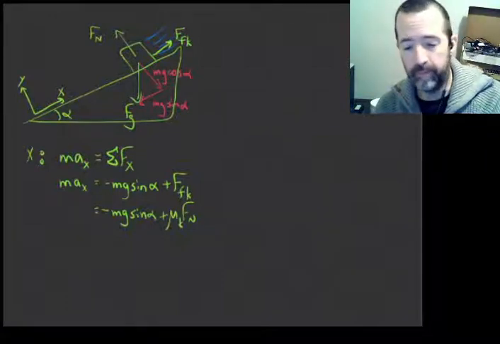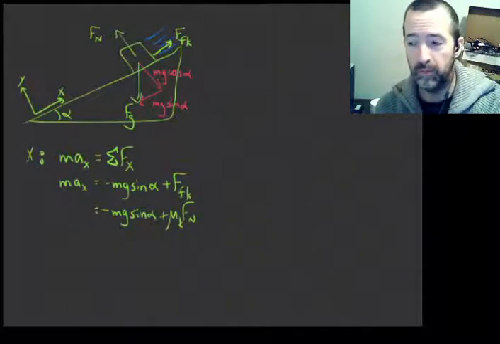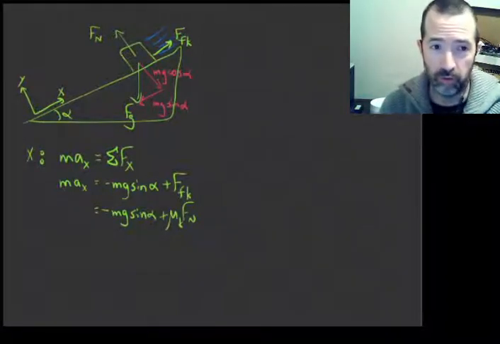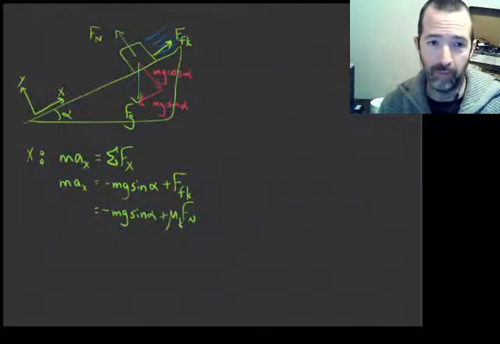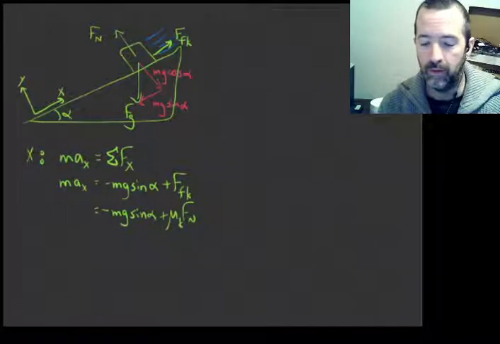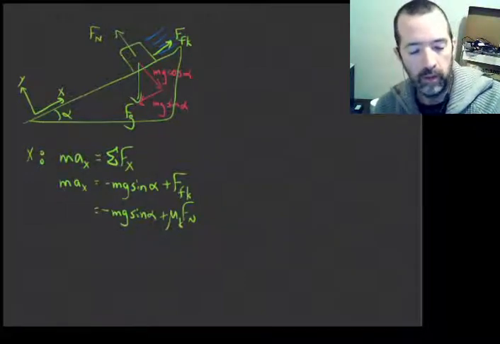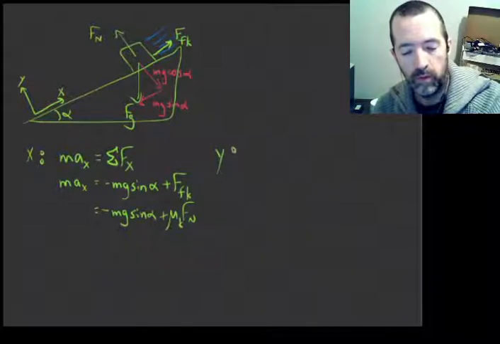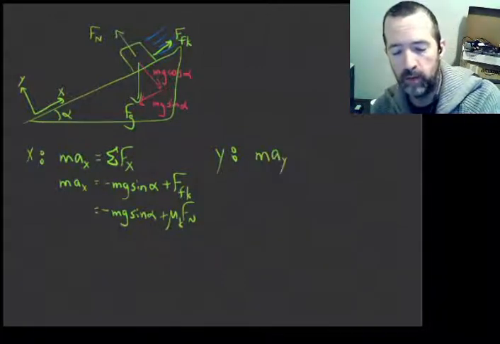But unlike when you have a horizontal surface, the normal force is not equal to the weight. And I can show you that if I look at forces in the y direction. So I'm going to write out a statement for y.